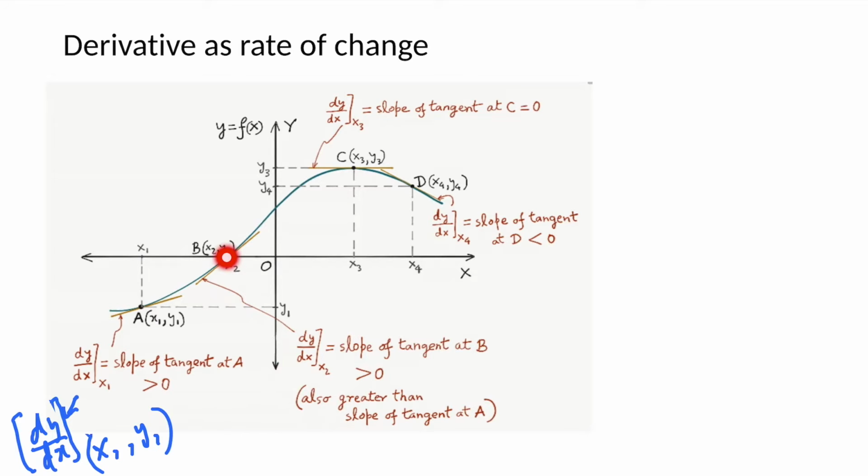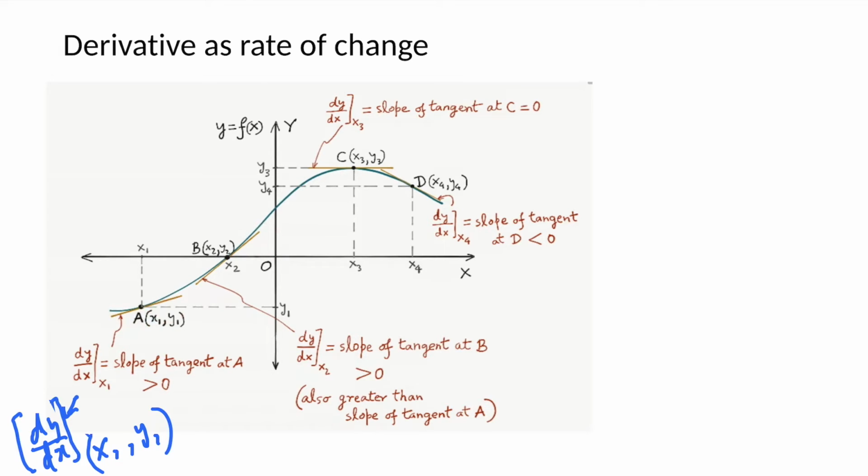So the slope being positive therefore implies that the rate of change of y with respect to an infinitesimally small change in x is positive, and therefore when x changes by a very small quantity while we are at either x1 or x2, the y changes in the same direction as x, which means that if x increases by a small quantity, y also increases at point A as well as at point B. And one can also see here that the slope is more positive at point B than at point A, right?